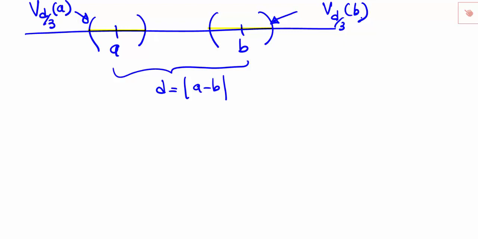So because we have convergence, there exists a tail of our sequence which is trapped in the first neighborhood, and there also exists a tail of our sequence which is trapped in the second neighborhood around B. And since those two neighborhoods don't overlap, we have to get a contradiction. All right, so that's the big picture behind this proof.